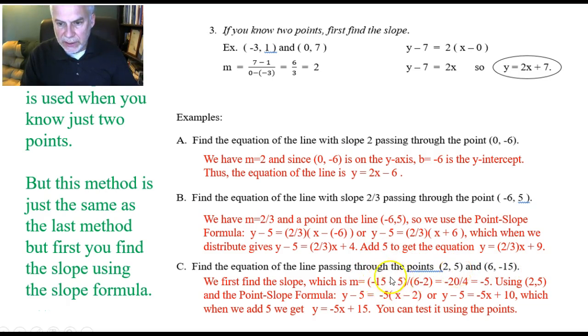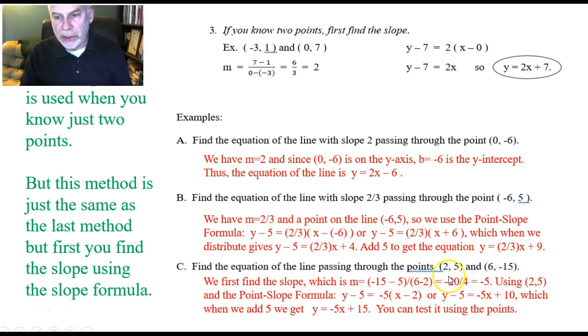So that's how I got that. That's in the numerator. Divided by, I just put a backslash here for numerator divided by the denominator. And then the denominator, I'm going to have x2 minus x1. So 6 minus 2, which gives you 4. And so we have -15 minus 5, which is -20, divided by 4. That's -5. So we got an integer anyway, -5 for the slope.